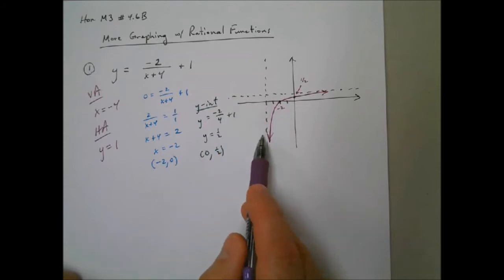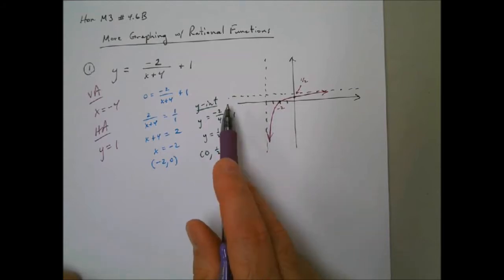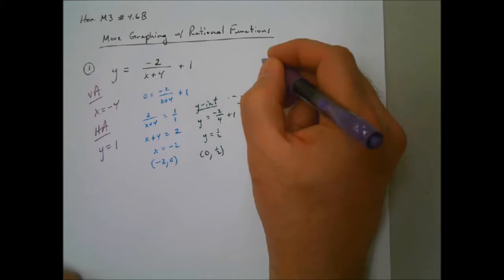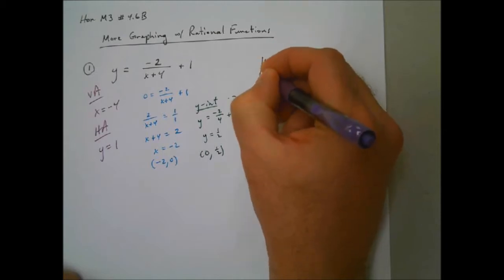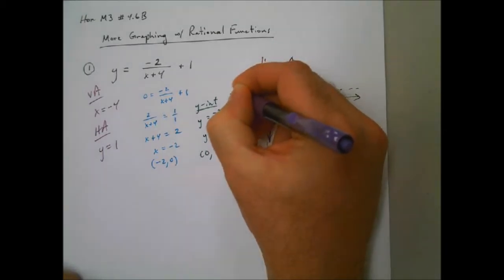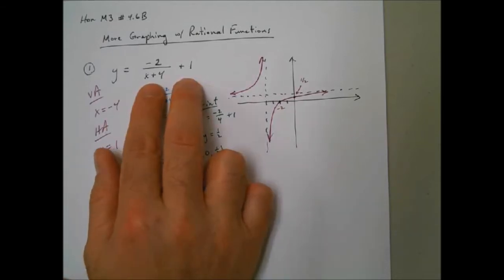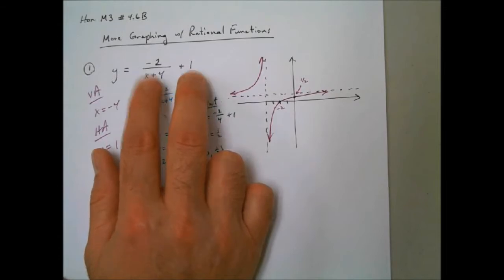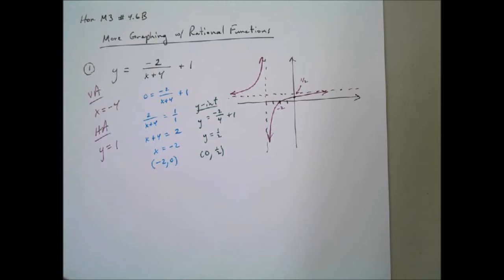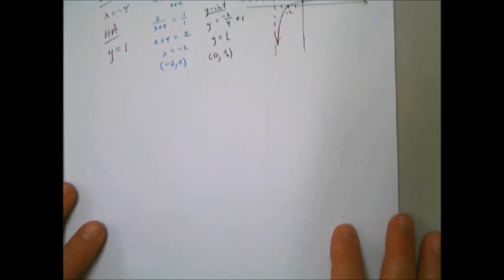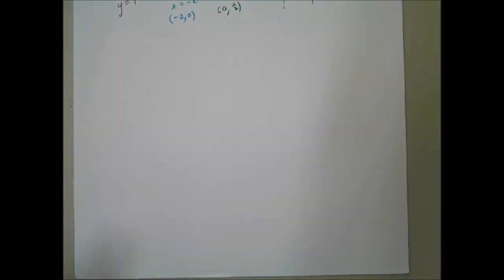So on the left-hand side, could I be coming from down low and going to elevation 1? No, there'd have to be an x-intercept. So I must be coming from up high going to elevation 1 as we go to the left. Okay, so that one's done. And now, an alternative, you could get a common denominator and create a single fraction, and then do it just the way that we've been doing before, but you can see we can deal with it this way as well. Okay, next problem.